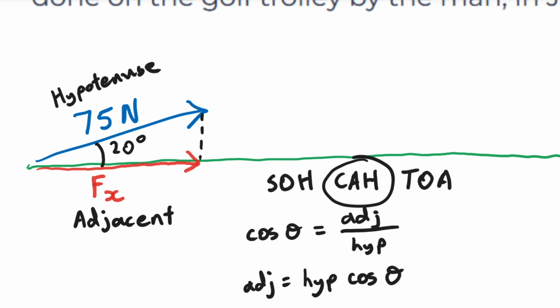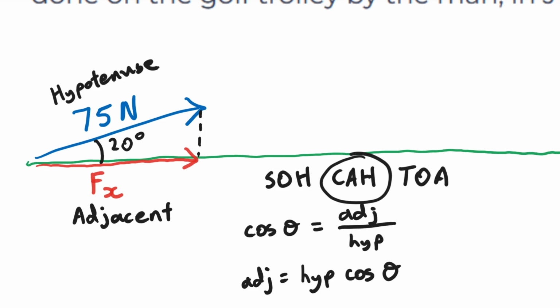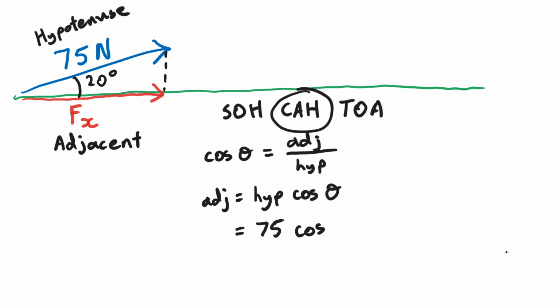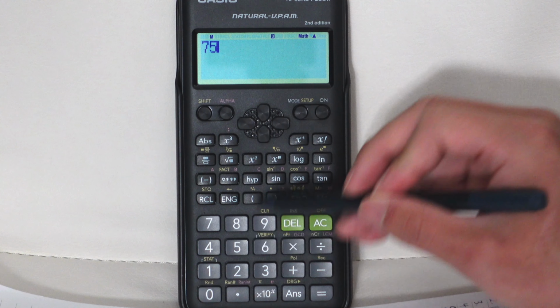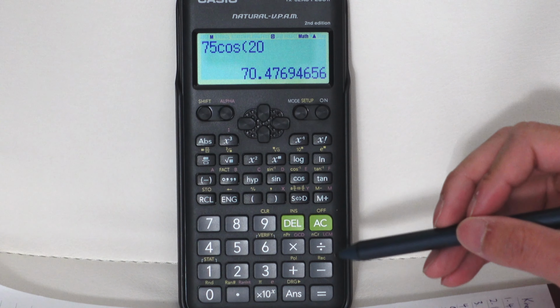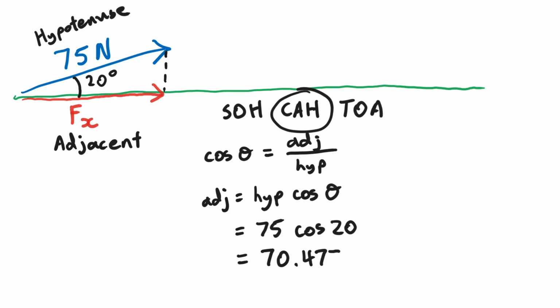Adjacent equals hypotenuse times the cosine of theta. If we substitute our values, it's 70 times cosine of 20. So the horizontal component of the force is equal to 70.477 newtons, rounded to 5 significant figures.